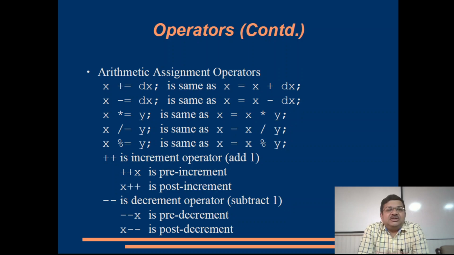So plus equal is synonymous with modifying the contents of a variable by incrementing it by some value, right? So x plus equal dx is essentially x plus dx. This number is computed and assigned to x.